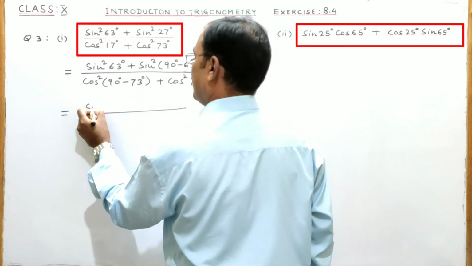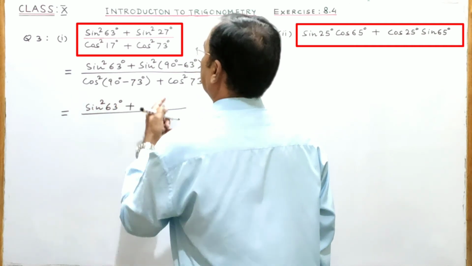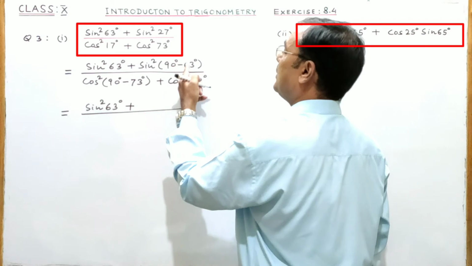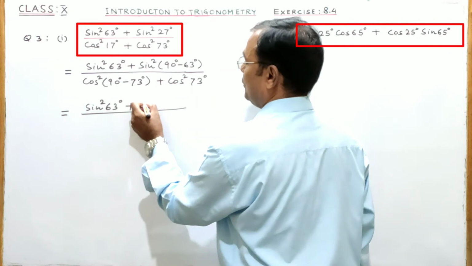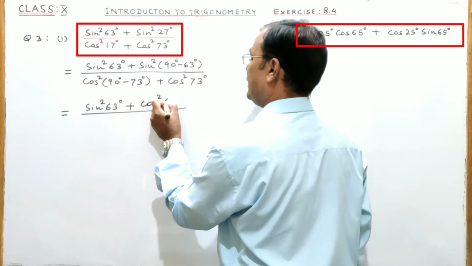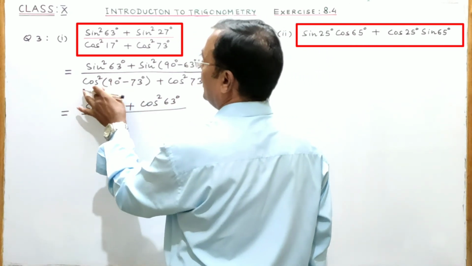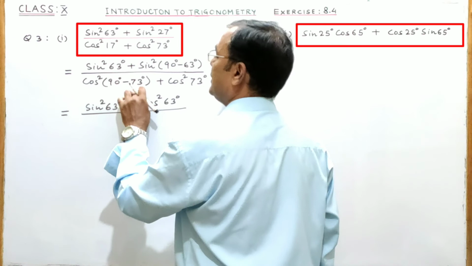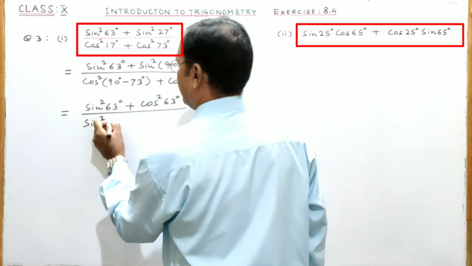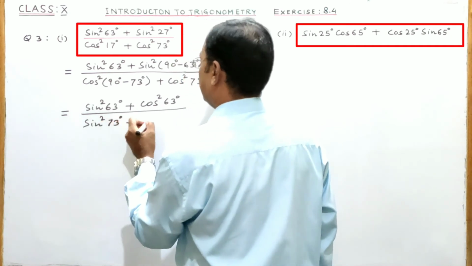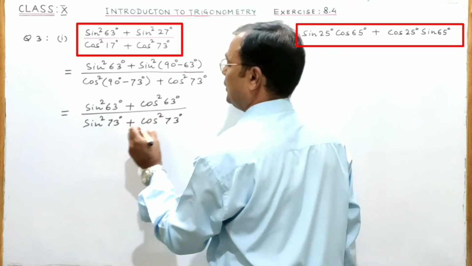This is equal to sine square 63 degrees plus this sine 90 degrees minus 63 degrees will become cos 63 degrees. So it will be cos square 63 degrees. And in the denominator cos square 90 degrees minus 73 degrees will become sine square 73 degrees plus cos square 73 degrees.